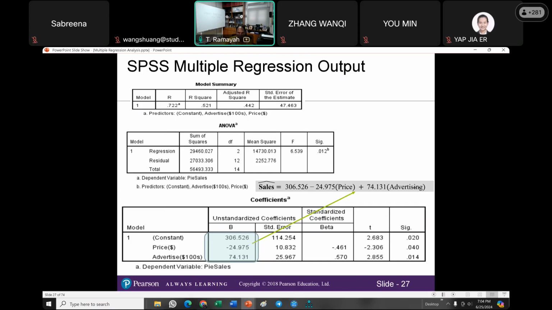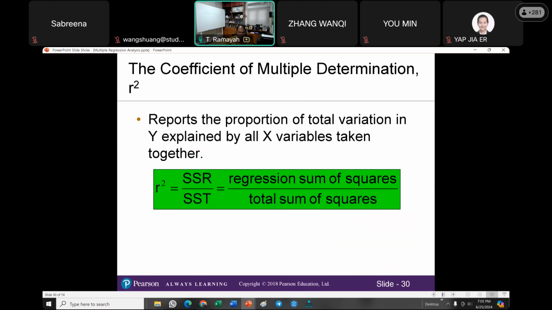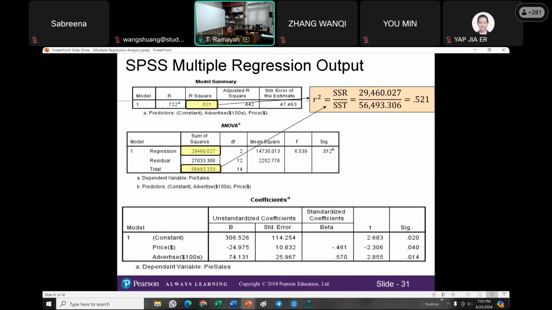And what we need to do is convert the R square into a percentage. When you convert it into a percentage, your interpretation is that 52% of the variance in pie sales can be explained by the two independent variables.